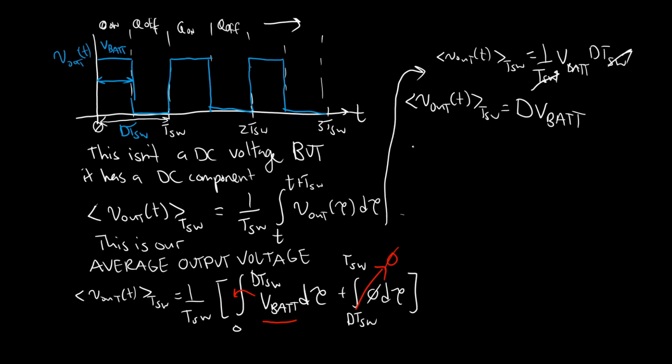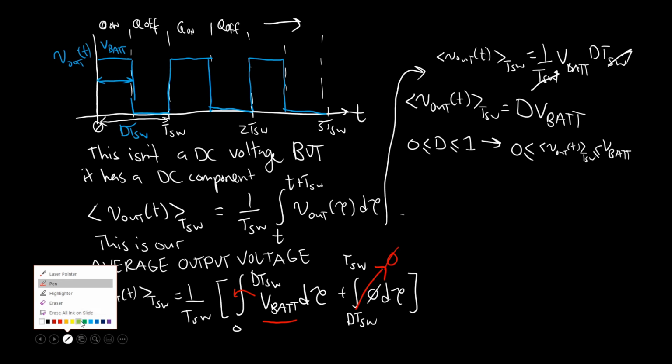So again, because D varies between 0 and 1, that means that this average V out varies between 0 and VBAT. If D is 0, then the output voltage is 0, and if D is 1, then the output voltage is VBAT.